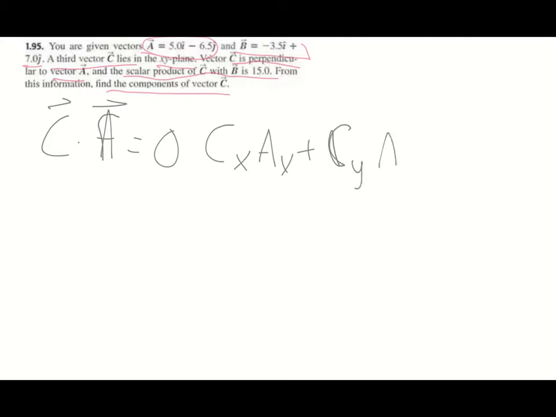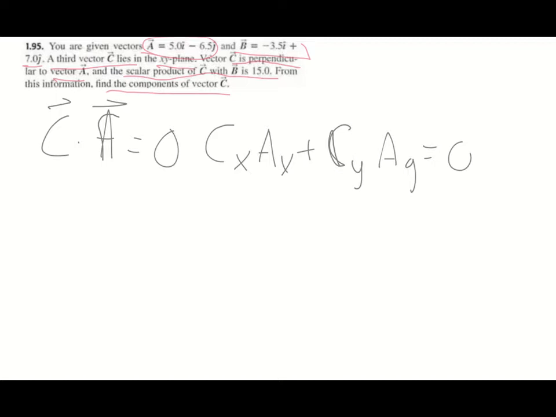So if it's perpendicular, then none of the components are going to be parallel. So what that means is that C dot A is going to be 0, or CX AX plus CY AY is going to be 0.